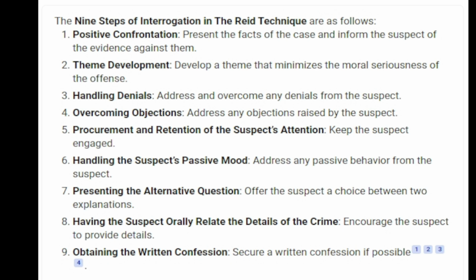Here it says develop a theme that minimizes the moral seriousness of that offense. So that'd be like saying, "Oh, you're just in the wrong place at the wrong time." They'll keep saying the theme until they get a denial. As soon as they hear, "Can I say something?" or words of that sort, they immediately cut off the suspect's train of thought and interject command phrases and gestures.